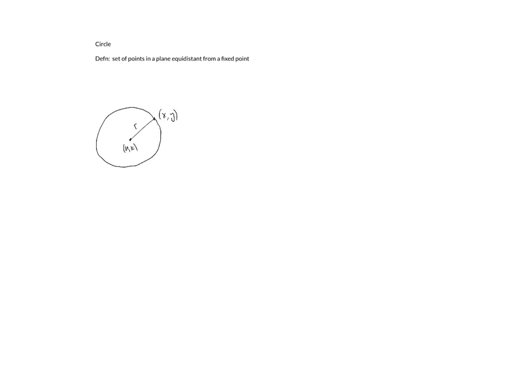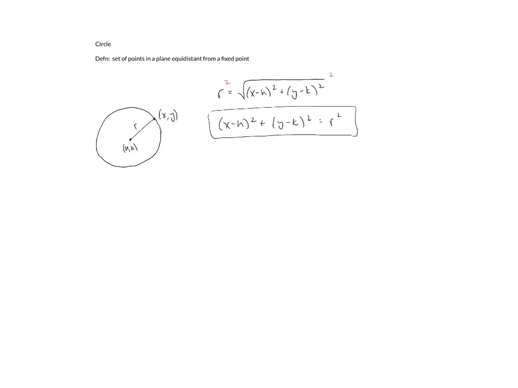So I know that r would equal the square root of (x minus h) squared plus (y minus k) squared, and that's just the distance formula between those two points. And if I go ahead and square both sides here, I end up with (x minus h) squared plus (y minus k) squared equals r squared. And that's the equation of the circle that you probably have seen before.